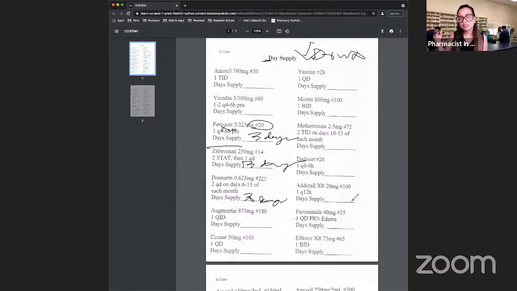Who says 30 days? Okay. 6 to 15 of each month. You have to give 2 every day on day 6 to 15. Day 6, day 7, day 8, day 9, day 10, day 11, day 12, day 13, day 14, day 15. That means you have to give 10 per month, right? But times 2.